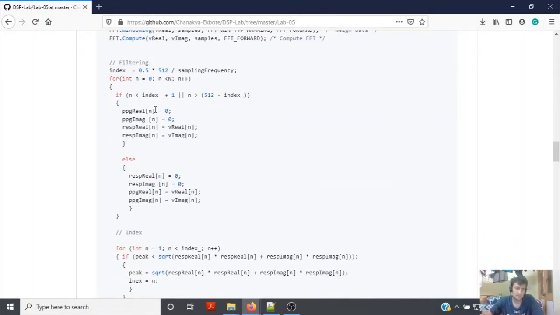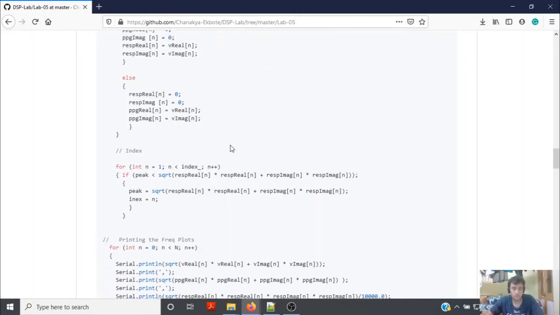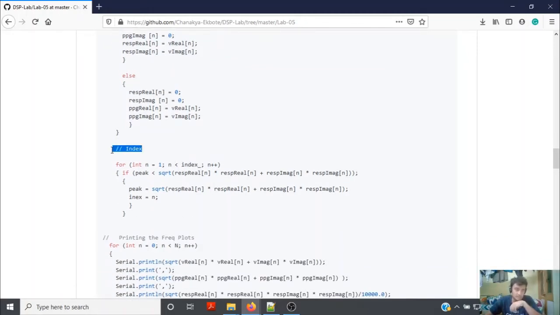Similarly, in those indices where this condition is not satisfied, we make the respiratory signal 0, and the PPG signal should exist at those indices. And so what we can essentially think of is that we just use a window where we pick out certain frequencies that we think correspond to the frequency of the actual signal, and then use the inverse Fourier transform for that.